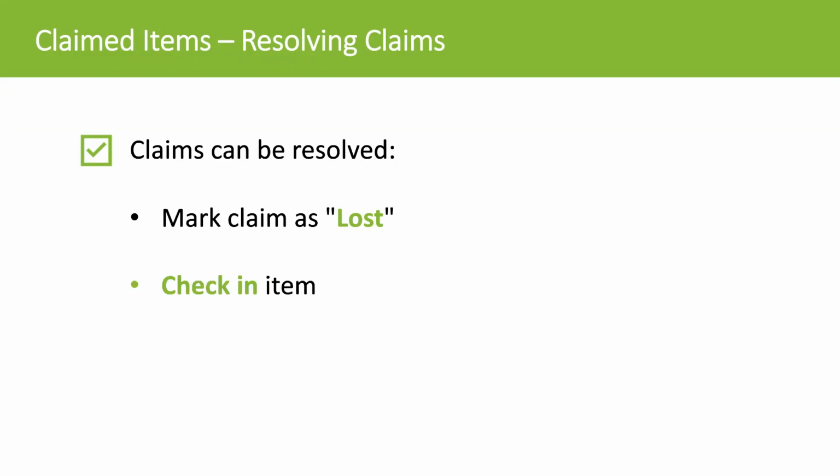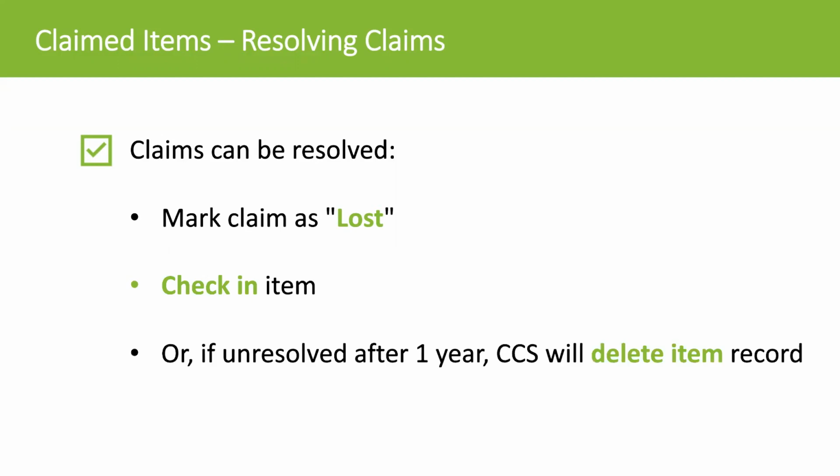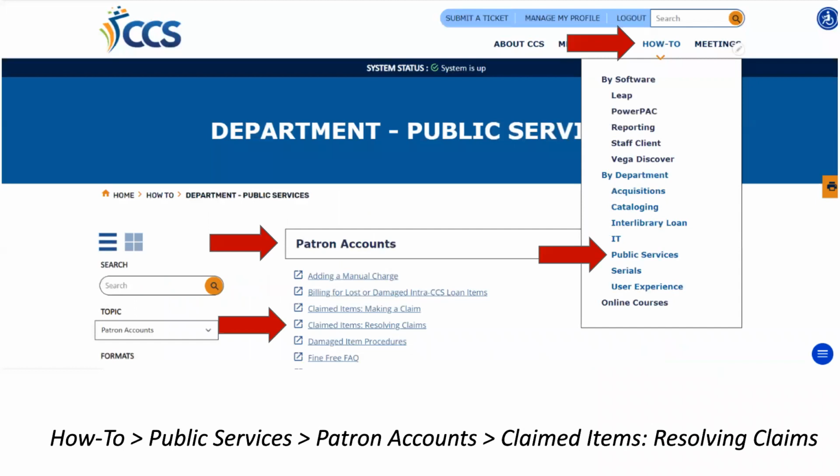Or if the item is recovered, checking the item in will also resolve the claim. And if the item still has not been resolved within 1 year, CCS will delete those item records that have had a status of claim for 1 full year. We do this work monthly. And there is a how-to page on the website that details the different ways to resolve claims.